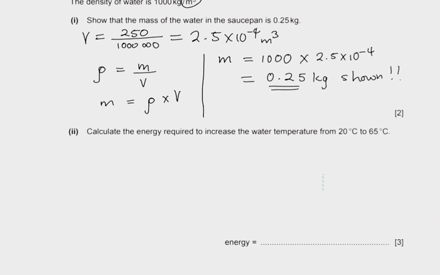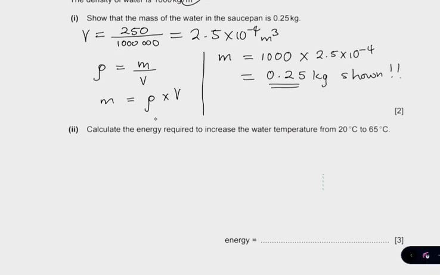Now the question asks us to calculate the energy required to increase the water temperature from 20 degrees Celsius to 65 degrees Celsius. Remember, we're given the specific heat capacity of water up there.